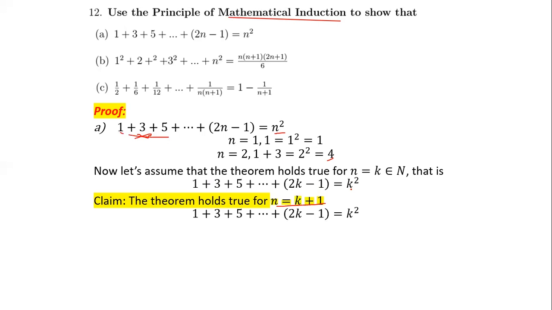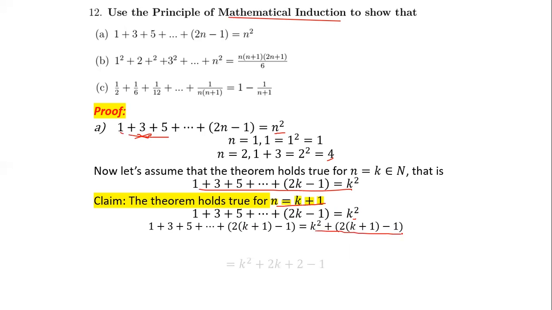Then from the original statement, we have this one. So what will happen if we add the next natural number to both sides of this one? We can obtain this one, that is the sum plus twice of k plus 1 minus 1.